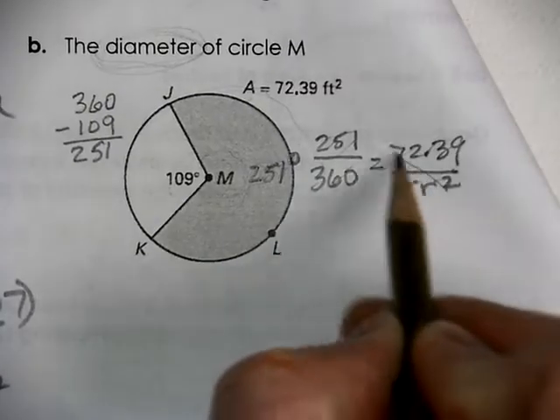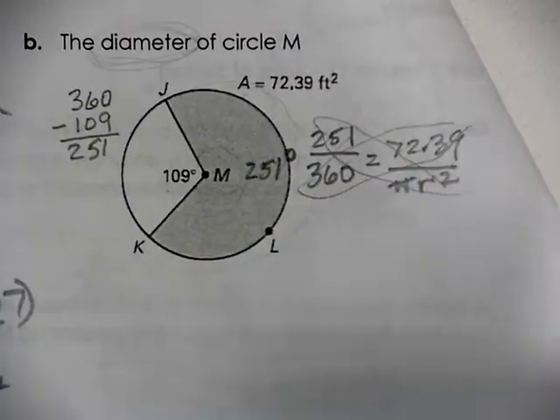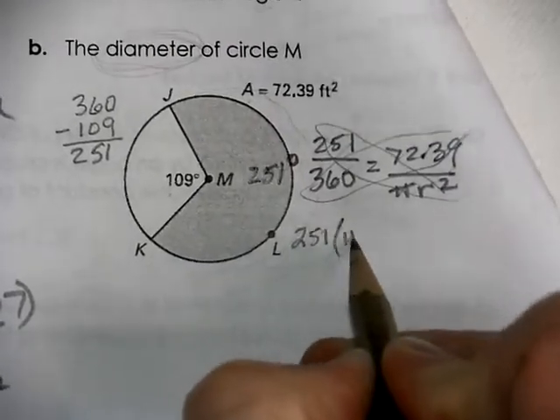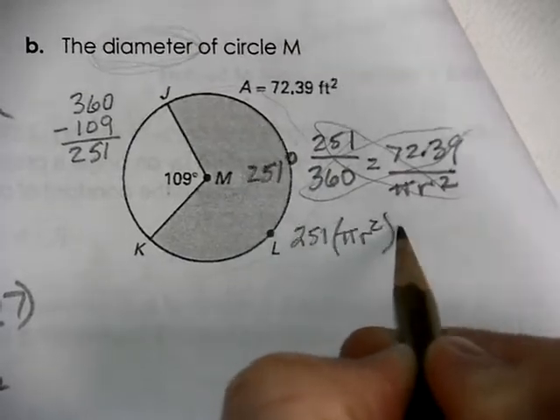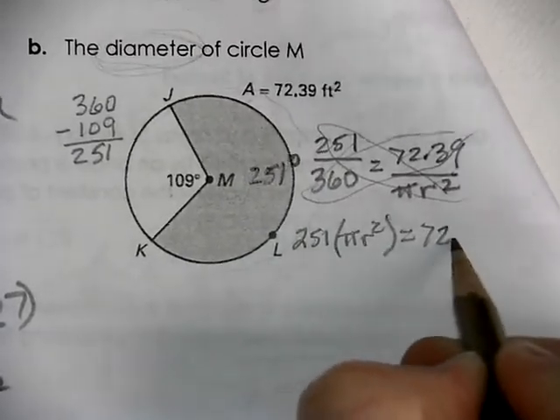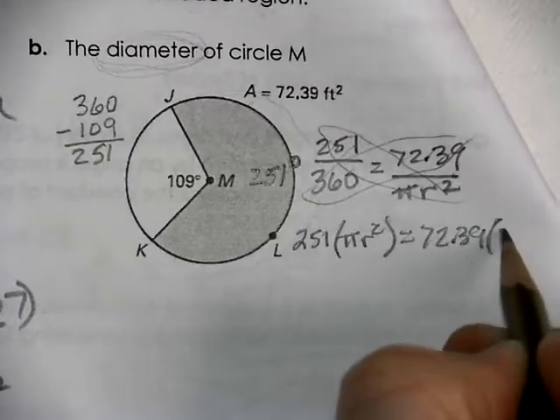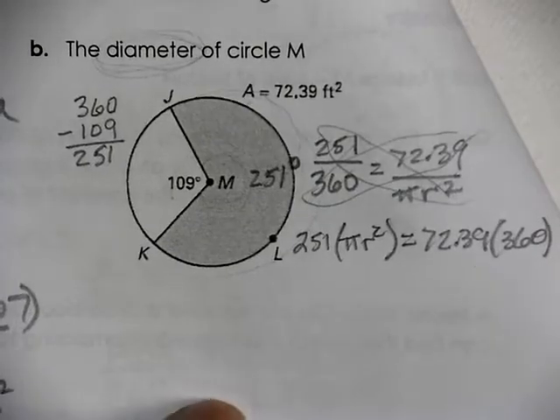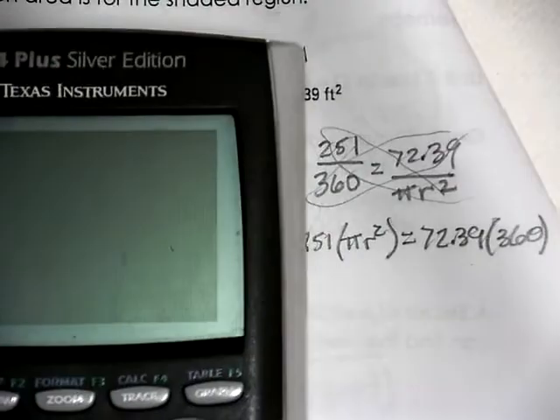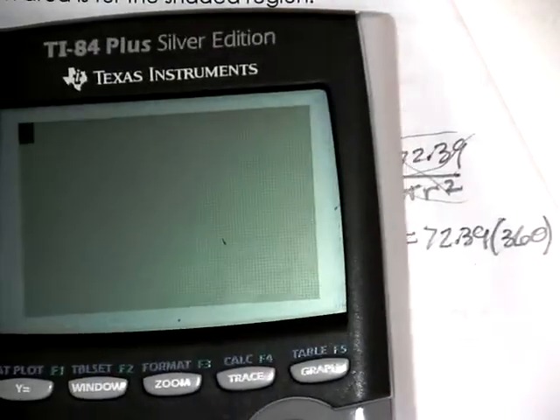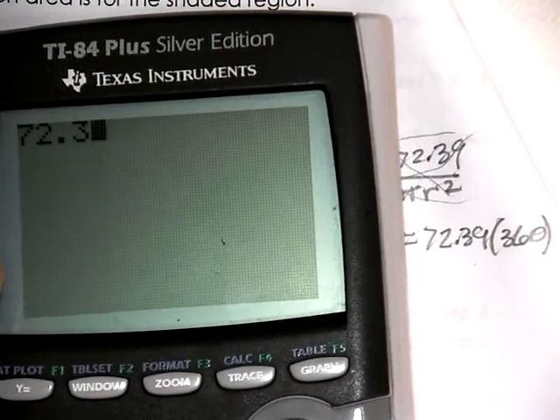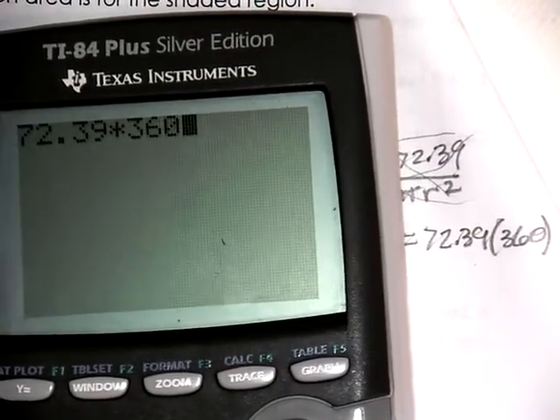So, because your unknown is on bottom, we have to cross multiply in both directions. That gives us 251 times pi r squared. And that gives us 72.39 times 360. So we're going to take our 72.39 and times that to 360.